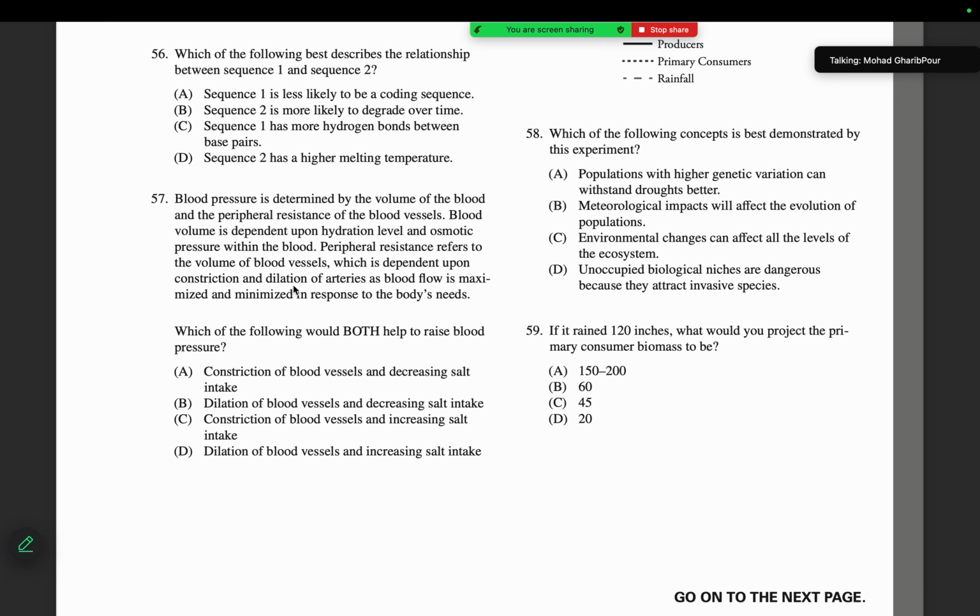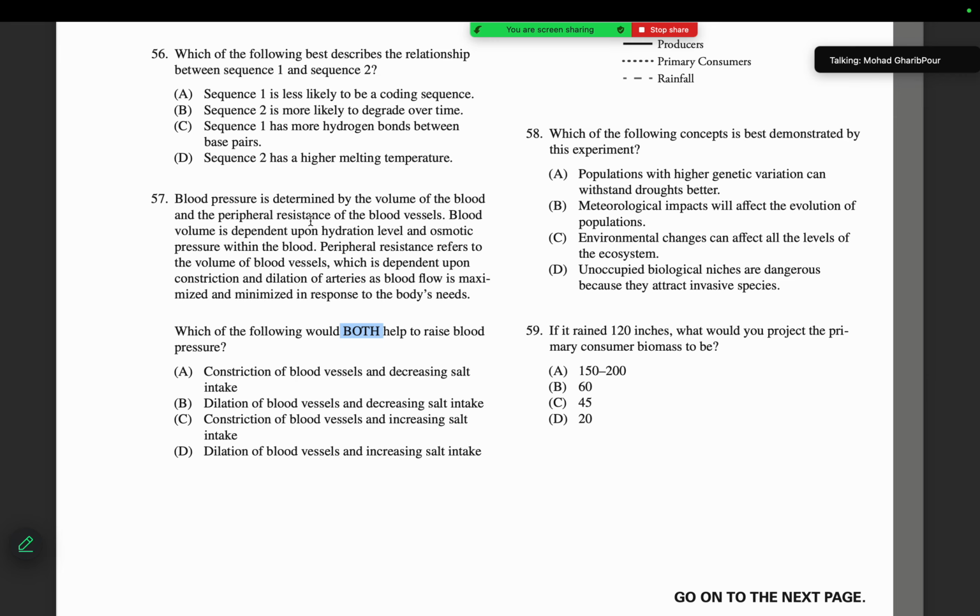Peripheral resistance refers to the volume of blood vessels, which is dependent upon constriction and dilation of arteries as blood flow is maximized and minimized in response to the body's needs. Which of the following would both help to raise blood pressure? Constriction of blood vessels and decreasing salt intake.